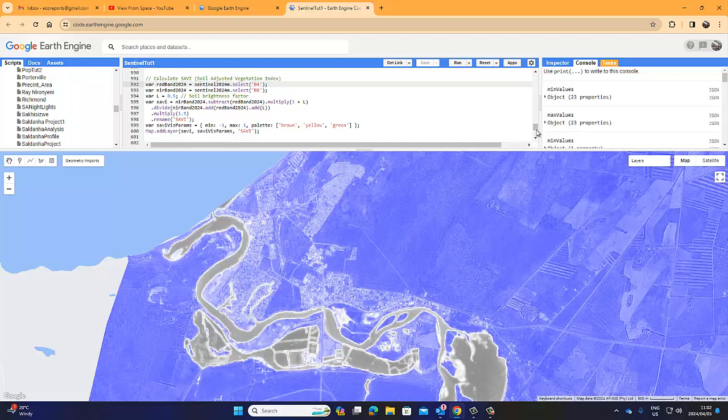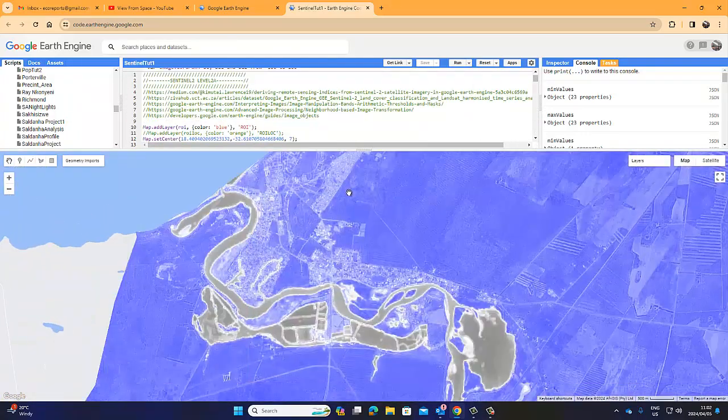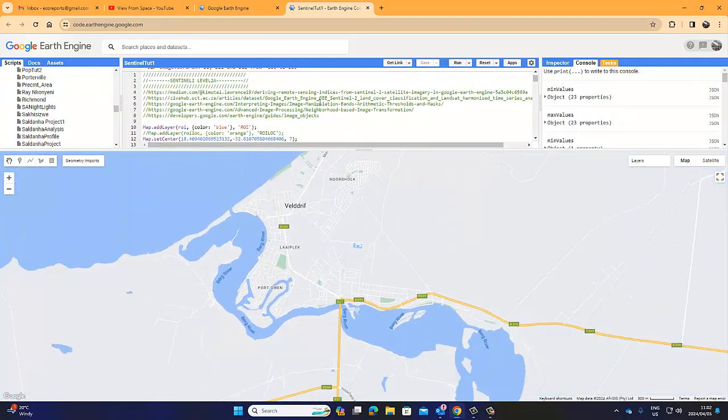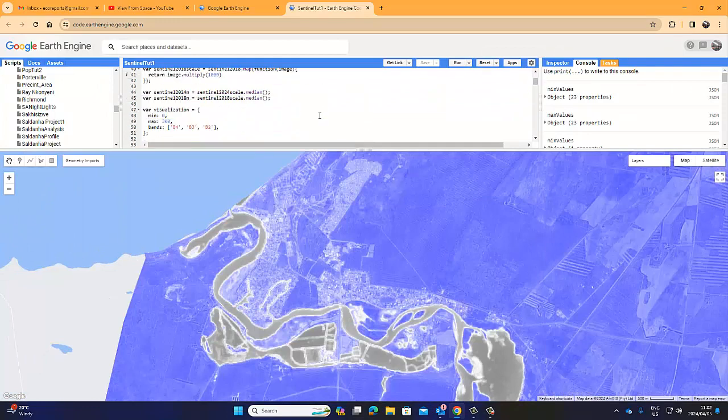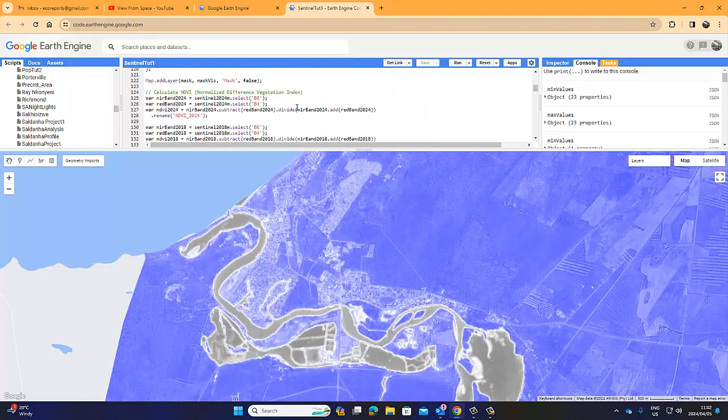So let's have a look at what it uses. There's the normalized difference, and you see it uses near infrared and red. It uses band 4 and band 8, which is red and near infrared.